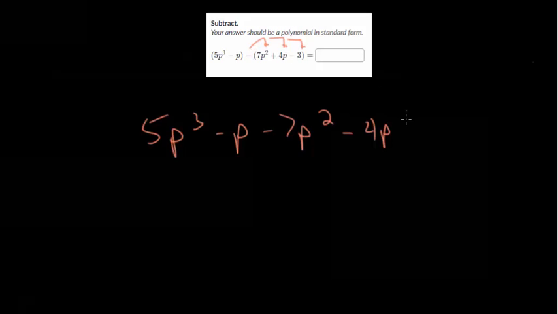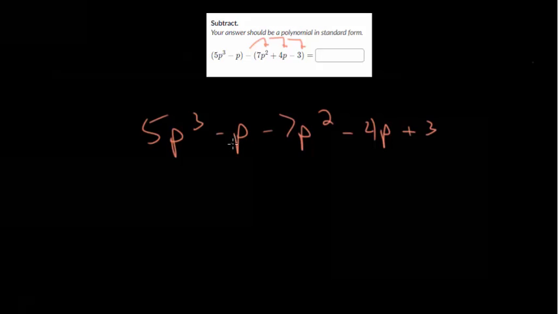And moving to the next one, again, we're going to distribute this negative to each of them. So we have 5p cubed minus p, and we have minus 7p squared minus 4p, and minus negative 3, which is the same as just adding 3.